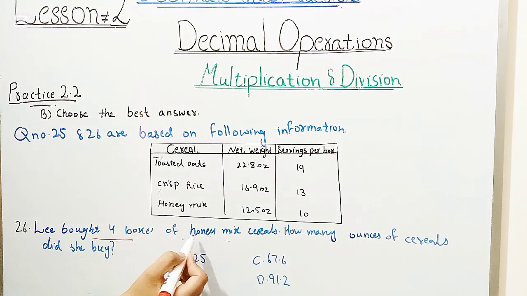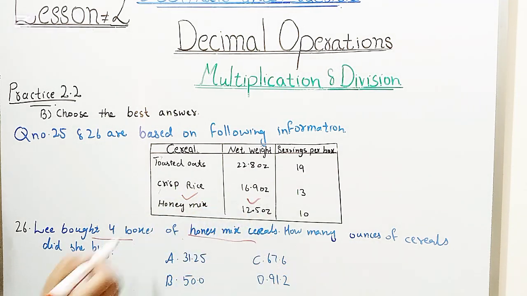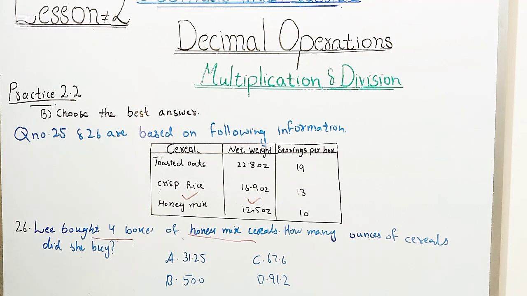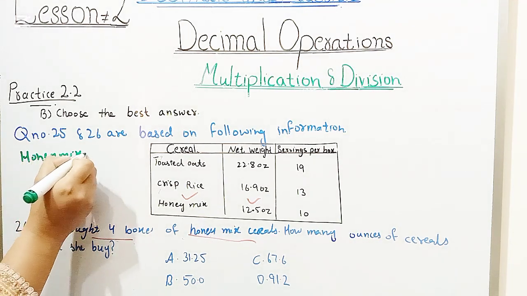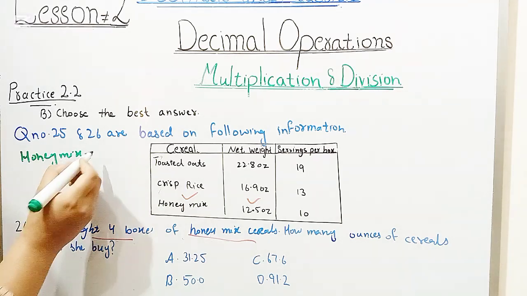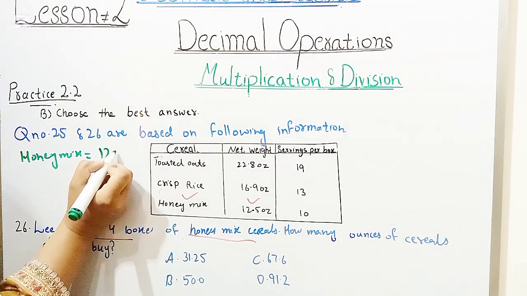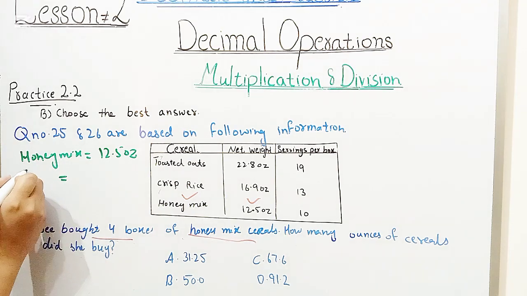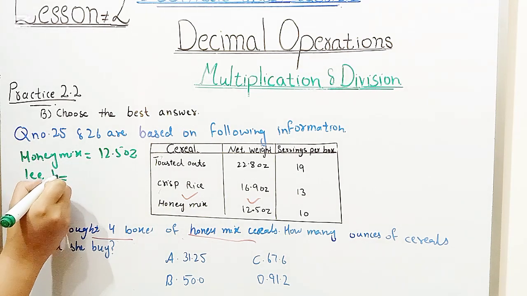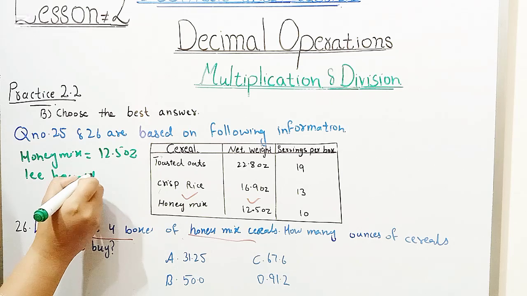Four boxes of honey mix cereal. Honey mix's net weight is 12.5. How many ounces of the cereal did she buy? My first information is honey mix boxes, 12.5, 4 boxes.